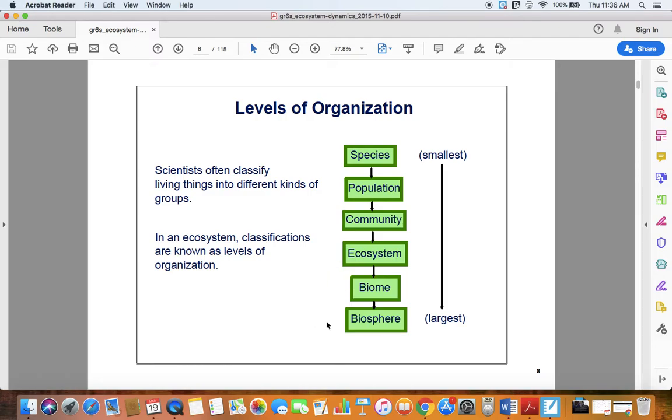In an ecosystem, these classifications are known as levels of organization. We go from the most specific level of organization, which would be the species, to the most general level of organization, which would be the entire biosphere. So what we're going to be doing in the following slides is defining each of these levels of organization, which you will be required to know, understand, and be able to identify. So let's begin.